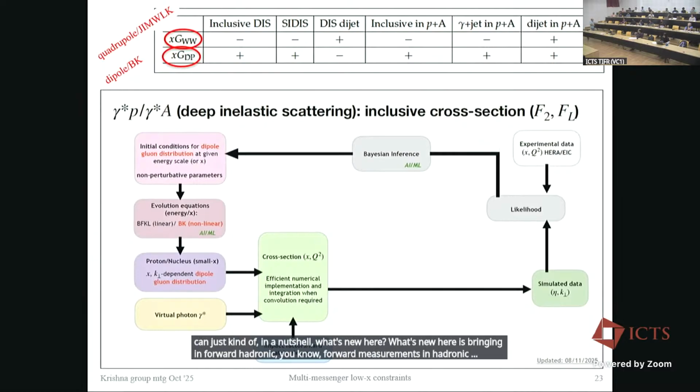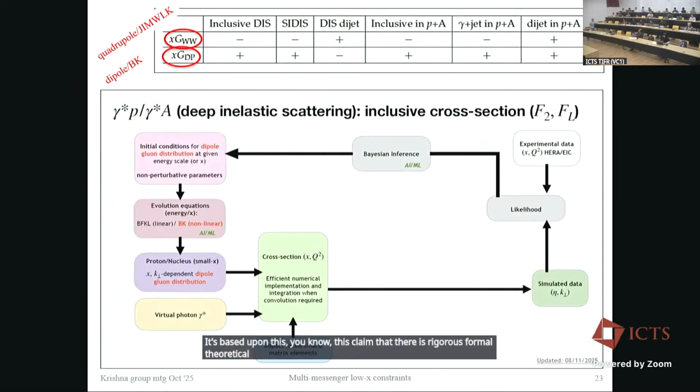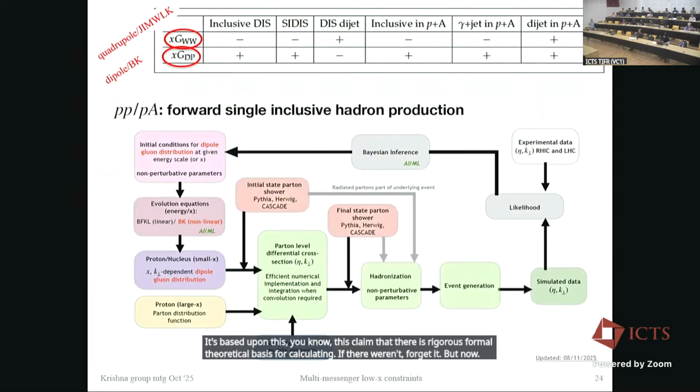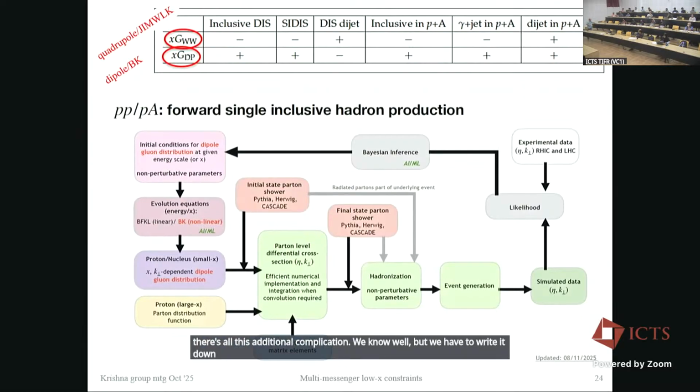It's a radical proposal. It's based upon the claim that there is a rigorous formal theoretical basis for calculating. If there weren't, forget it. But now there's all this additional complication we know well, but we have to write it down and address each one of them.